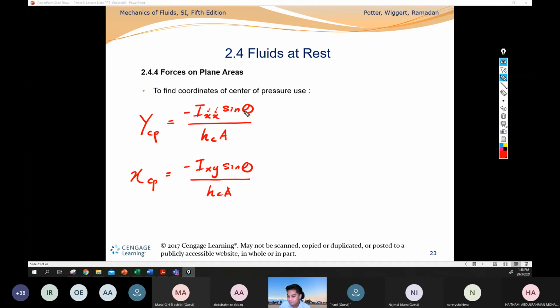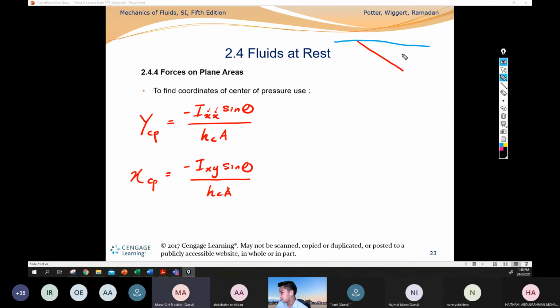Sine theta. So what is theta? Can anyone tell me how theta is measured, and from where? From the x-axis? Okay, theta is the angle, and this is the surface. Let me show you another one.